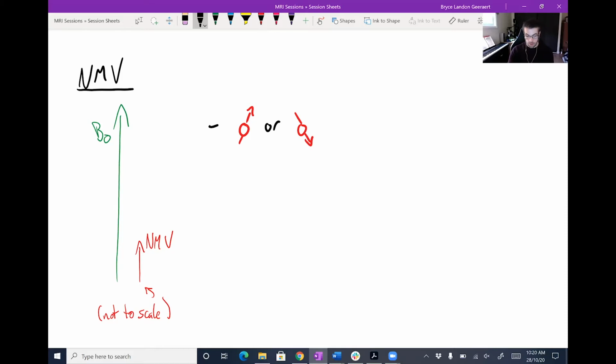In a magnetic field, they align either up or down with the B0 vector that I've drawn there. That's the main magnetic field. And we know that this parallel orientation is a lower energy state than anti-parallel, or than down. I'll just draw that out here.